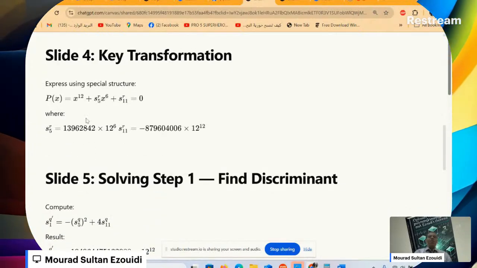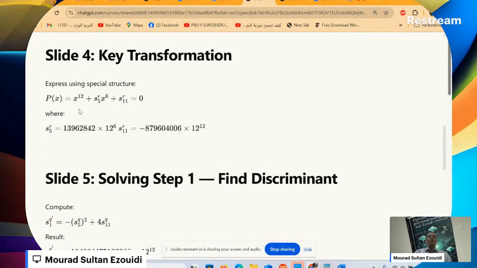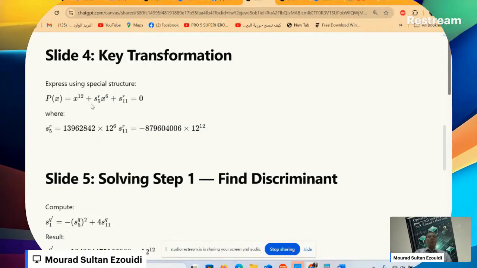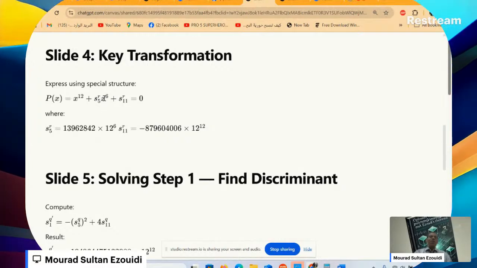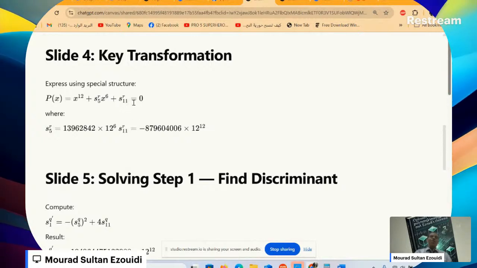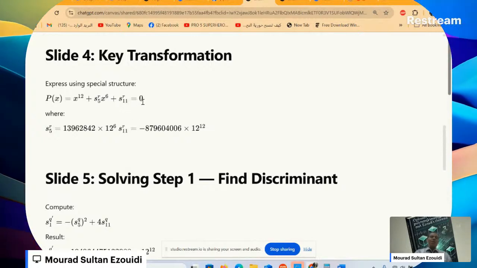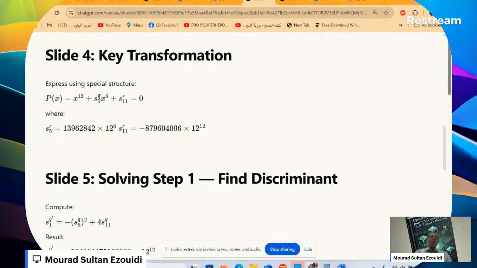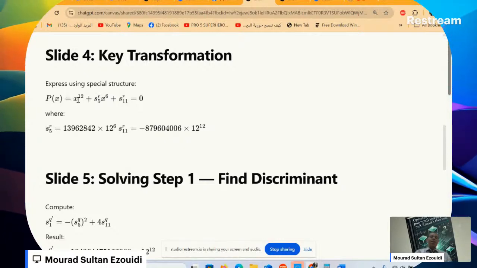It means my 12-degree equation has to be reduced to x to the power 12 plus S5 x to the power 6 plus S11 equals 0. You can see this like a x squared plus b x plus c.